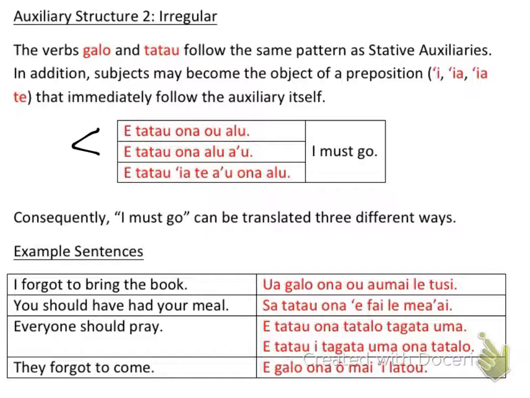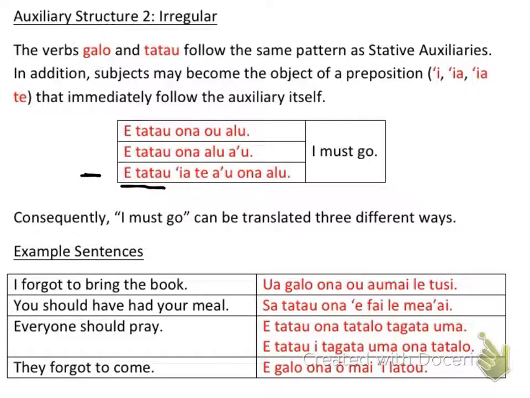But then the third way is kind of the new way that we're talking about, and basically what I'm saying is you can put the subject in this before I put ona. So I have my a tatao here, which is my auxiliary, and then these two verbs, ngalo and tatao, if I'm using one of those, which you won't see until later on in the sentence.